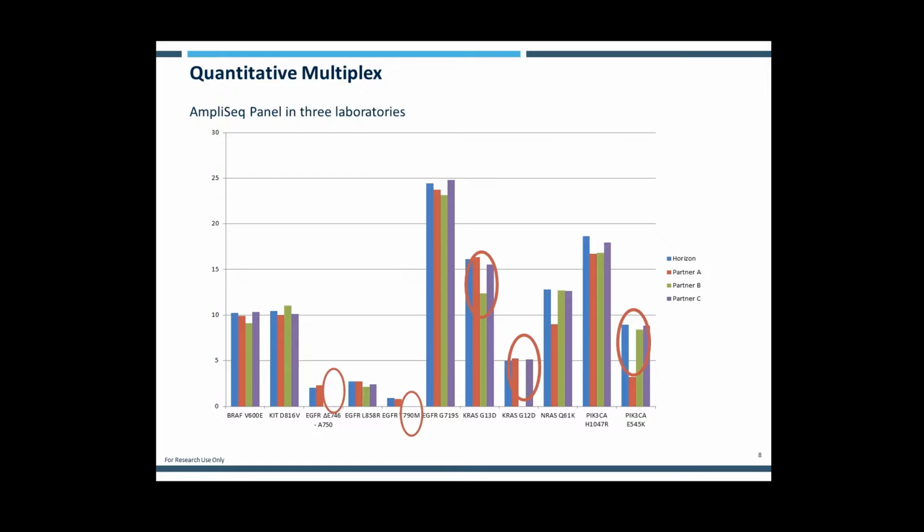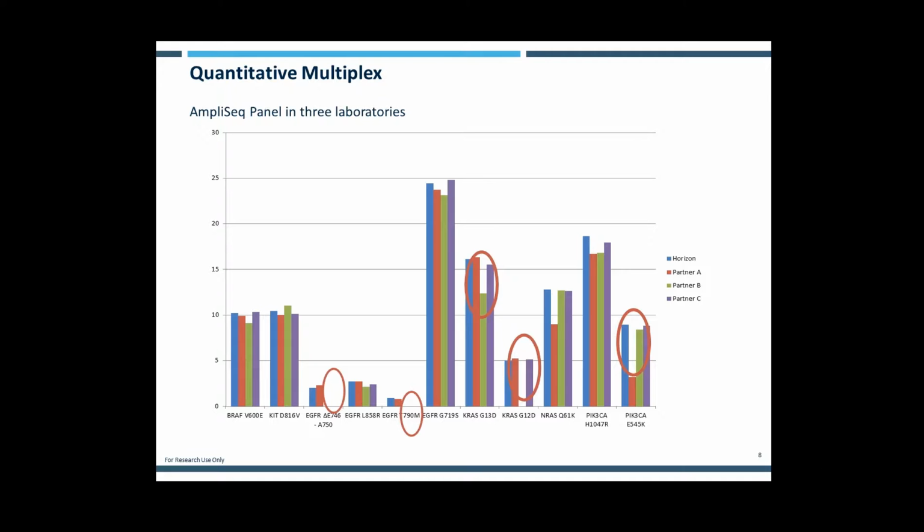So there are 11 different oncospecific mutations at a given allelic frequency. All of the blue bars here, that's Horizon. That's what we defined the reference standard to be, and then qualified that using digital PCR.